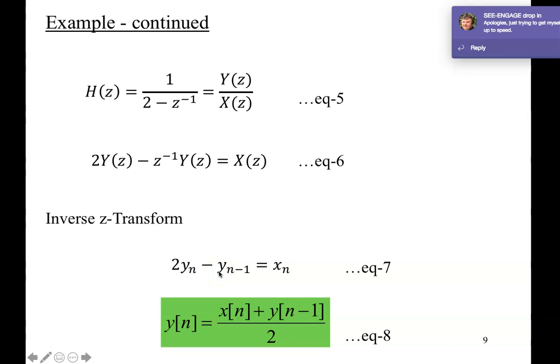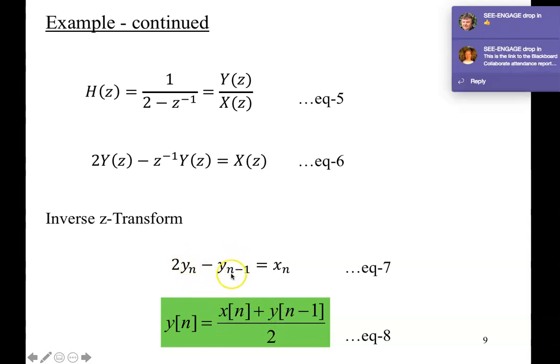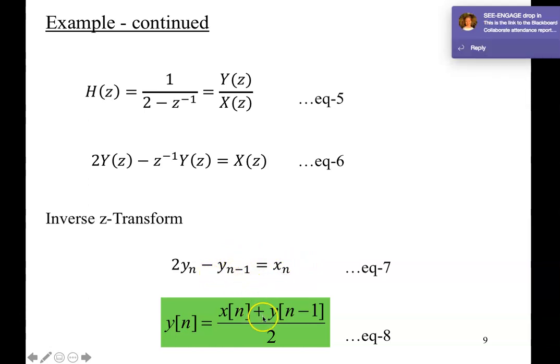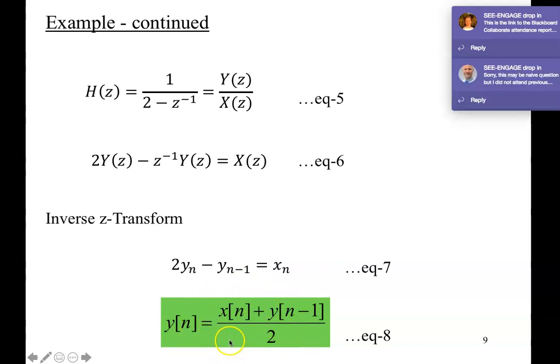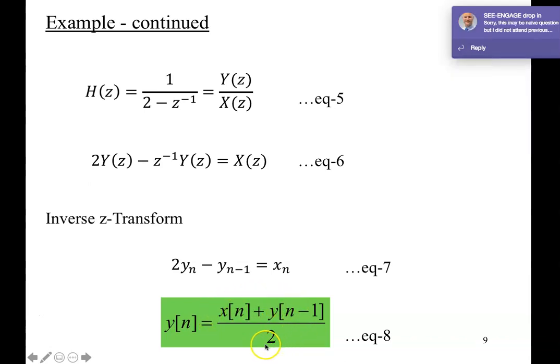The next thing you need to do is to reorganize that equation, put everything else onto the right-hand side except Yn, that's the output, which will give me an equation like that. So if I move this to the right-hand side, it becomes Yn equals Xn plus Yn minus 1, divided by 2. This is the algorithm that you can use to implement the controller in the computer.